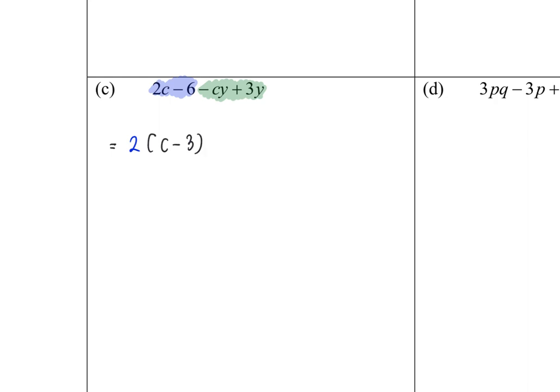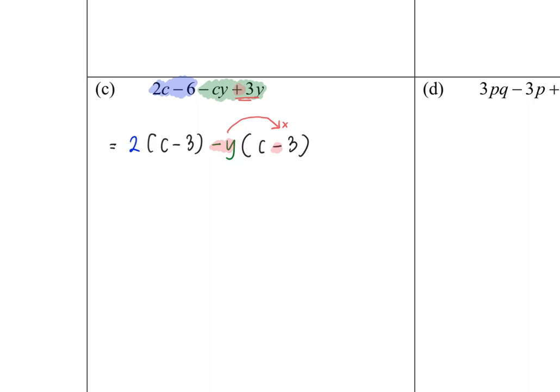I am going to take out negative y, and I'm left with c. You might wonder why Mr. Tan writes negative 3. But we must always remember that if I expand out, meaning this negative y multiplying my negative 3, it does give me back my positive 3y.